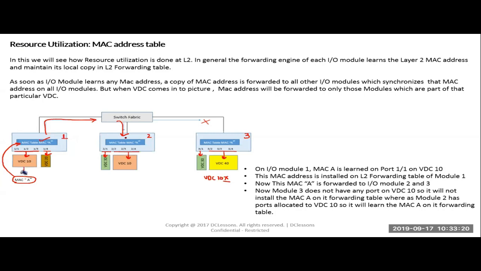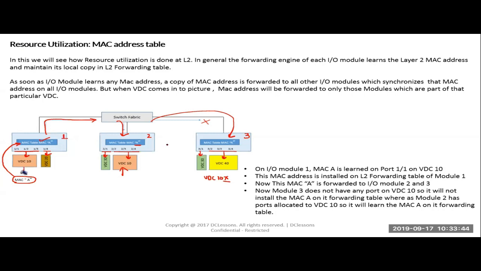Line card 2 will see that it has the VDC 10 instance available, so it will install MAC A in its MAC table. But as soon as the fabric sends MAC A information to module 3, module 3 will see that it doesn't have any ports allocated to VDC 10.